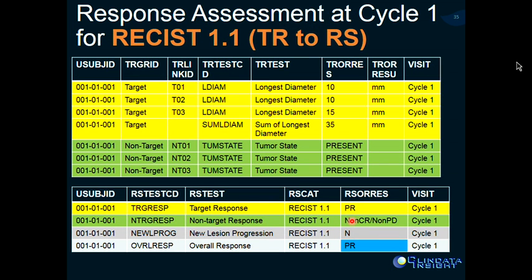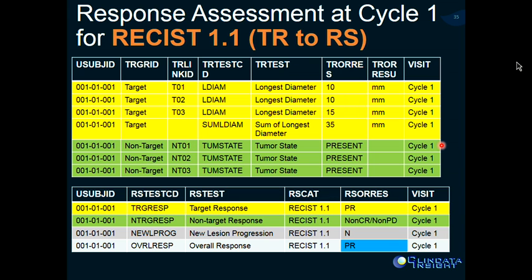So let's look at our STTM data set. At the cycle 1 visit, our sum of diameters for the 3 targets decreased to 35 from 70 at baseline. So now it becomes partial response. For the non-target, there was a 3 in baseline, and right now there's also 3 in cycle 1.